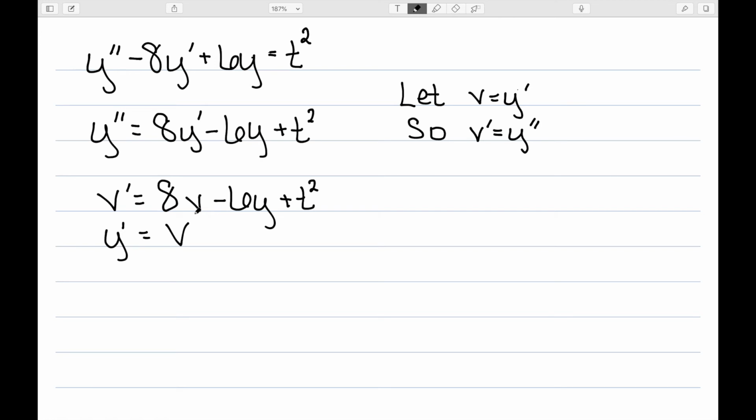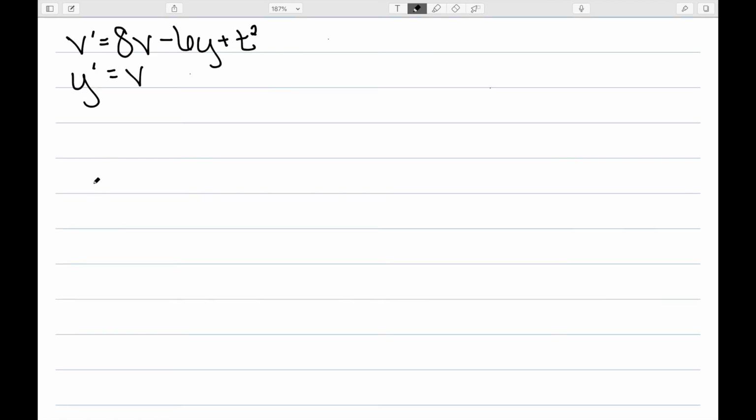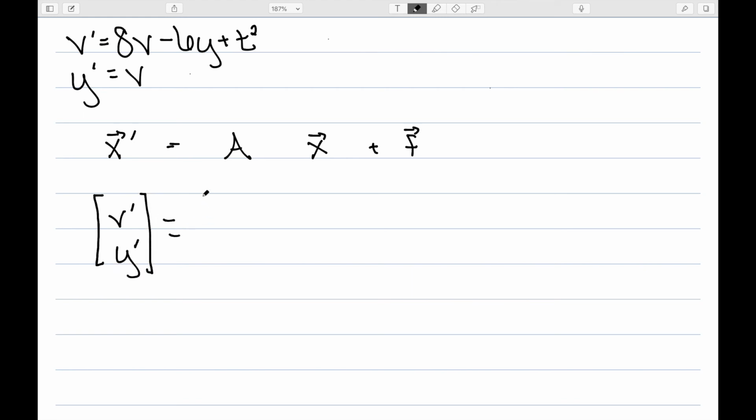Let's look at putting this in normal form. Here's the system that I just created, and I want to put it in this form: x prime is equal to A times x plus f. X prime are my derivatives. I have the derivative of v and the derivative of y. Should be equal to, A is my coefficients.